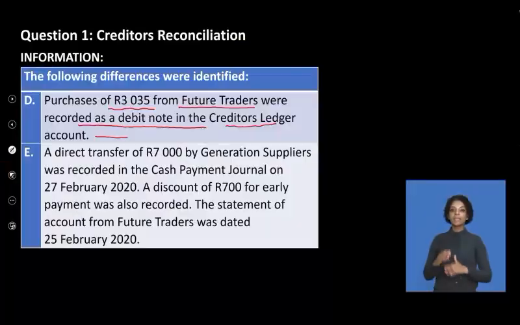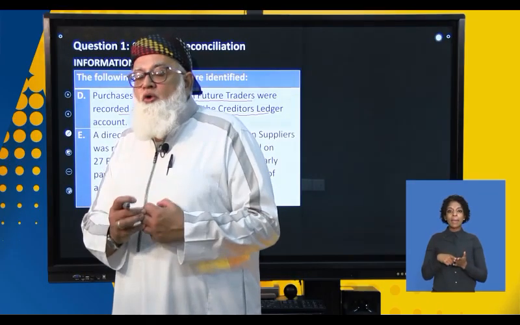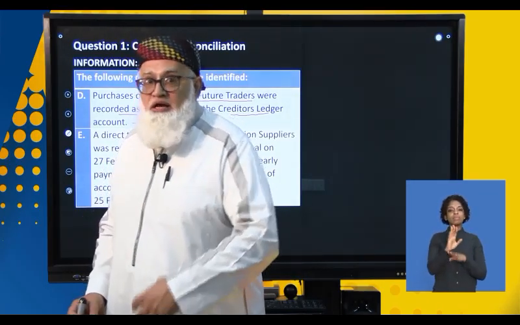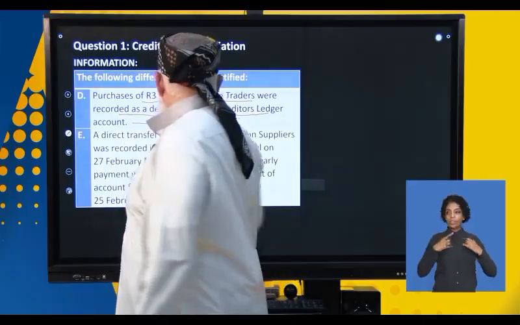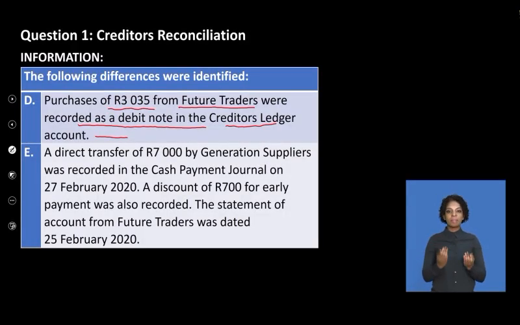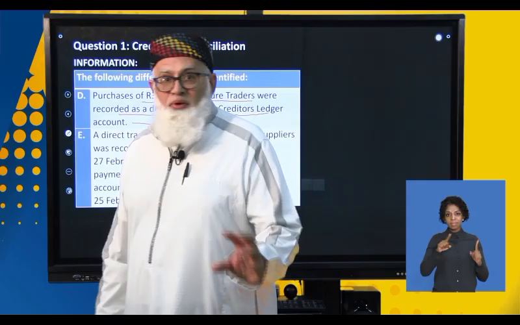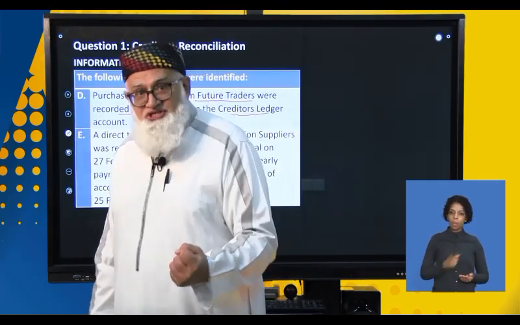Once again, purchases of 3035, that means we purchased goods from whom? From Future Traders. These were recorded as a debit note. In other words, our records show that we sent goods back to our supplier, namely Future Traders. But that's not the case. We didn't return goods, we purchased goods.